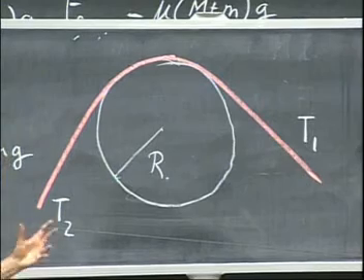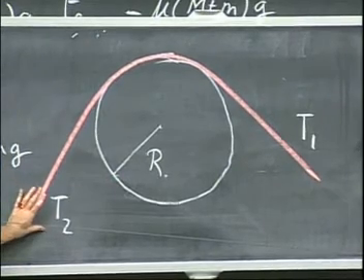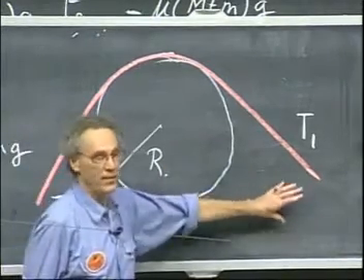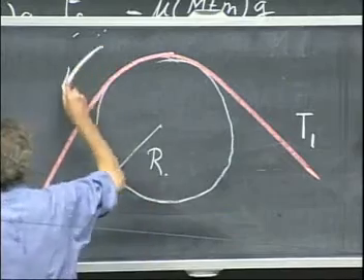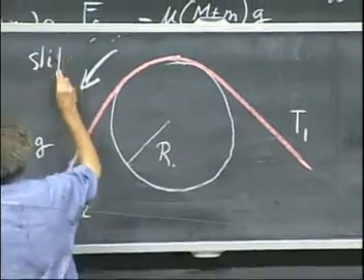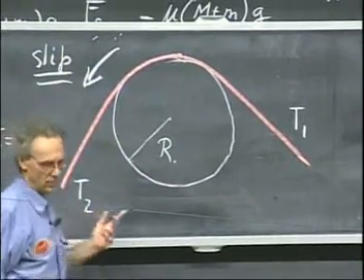And we take the situation that the pull on this side is way larger than on that side, so that this rope wants to slip in this direction. That's what it would like to do.